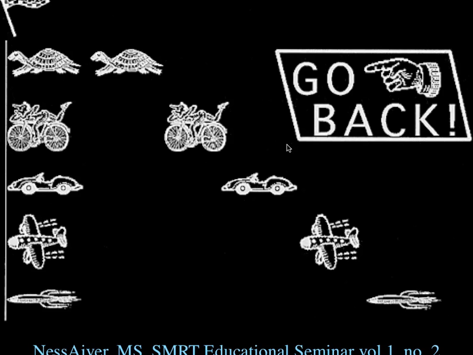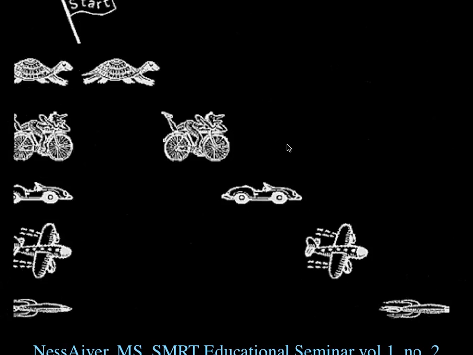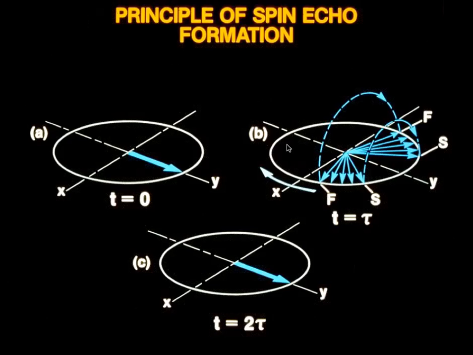So if the magnetic field inhomogeneities are fixed in time, you'll get complete rephasing. But the problem is that a lot of the variation in the magnetic field strength at the exact location where a nucleus is located varies with time. And a lot of that variation has to do with the fact that the nuclei themselves are magnets.